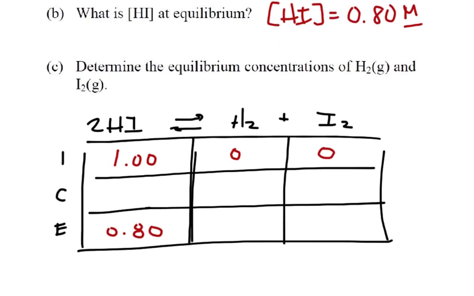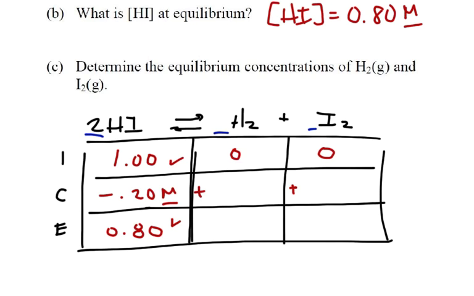Now determine the equilibrium concentrations of H2 and I2. Well, we know how to do that, so that's an ICE box problem. So we started off here with the idea we had 1 molar HI to start with, and at equilibrium we're down to 0.80 molar, so we must have used up 0.20 molar. Now, if we are using the HI, we must be forming H2 and I2. Now, here's the important part, and that is, watch out, this is a 2 to 1 to 1 ratio.